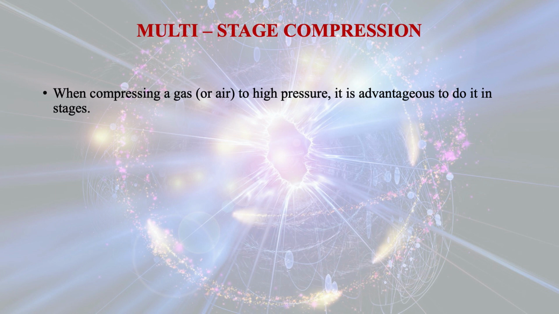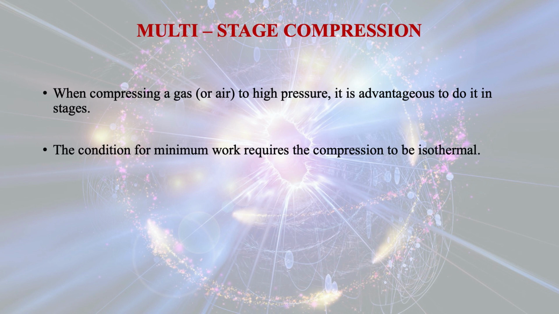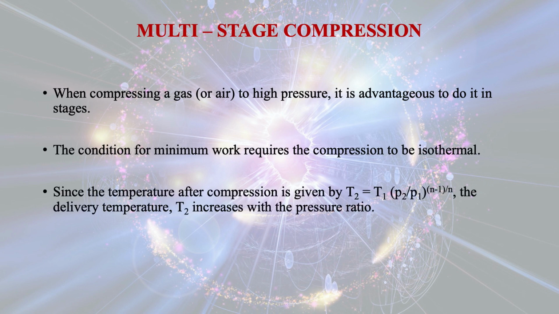When compressing a gas or air to high pressure, it is advantageous to do it in stages. The condition for minimum work requires the compression to be isothermal, since the temperature after compression is given by T2 equal to T1 multiplied by (P2 by P1) to the power (n-1) by n.